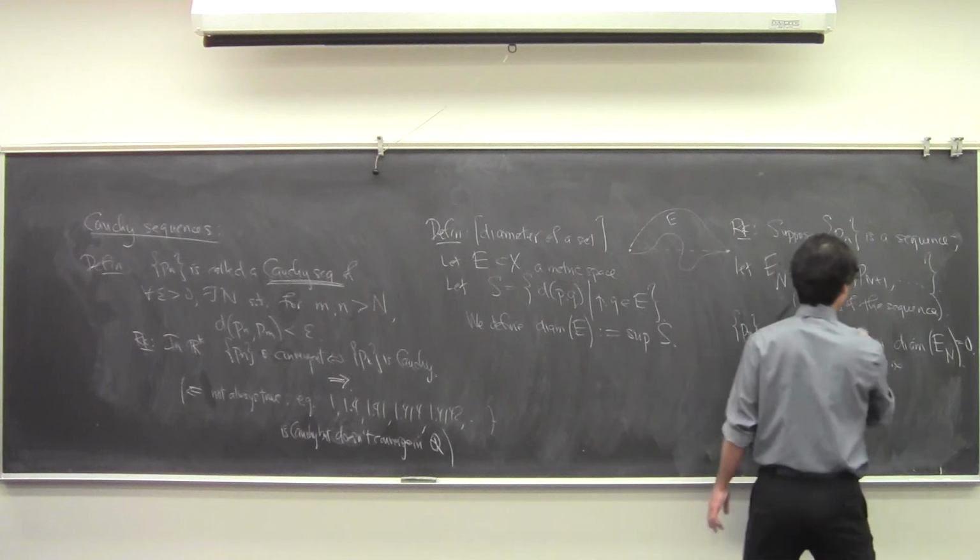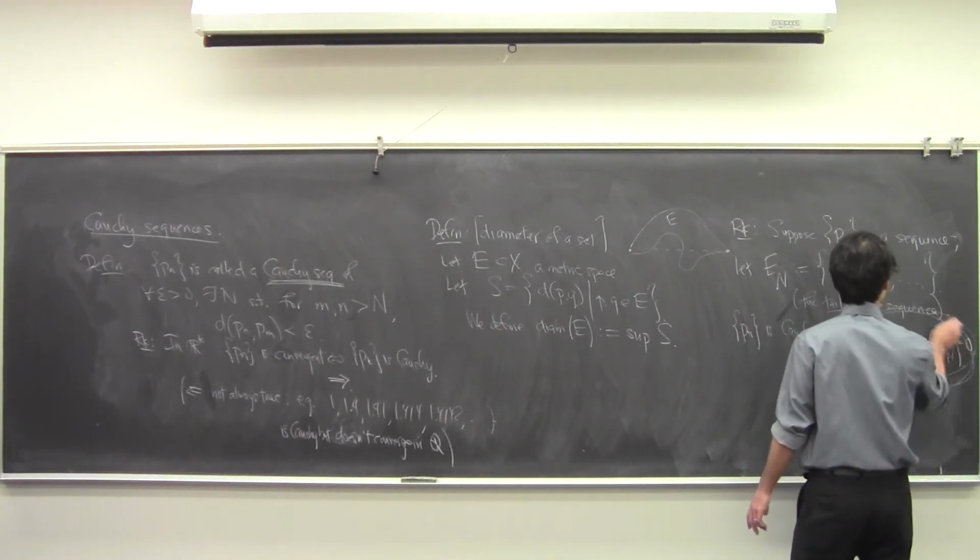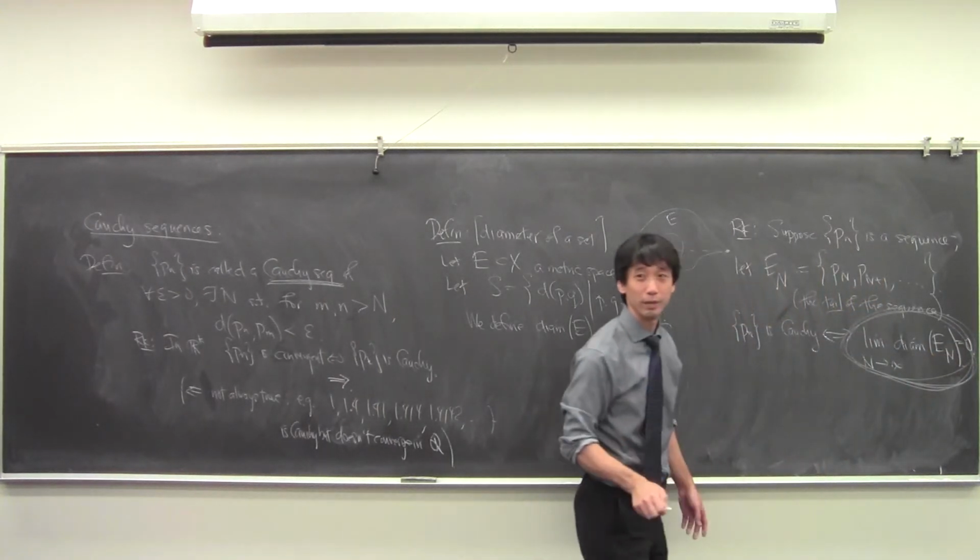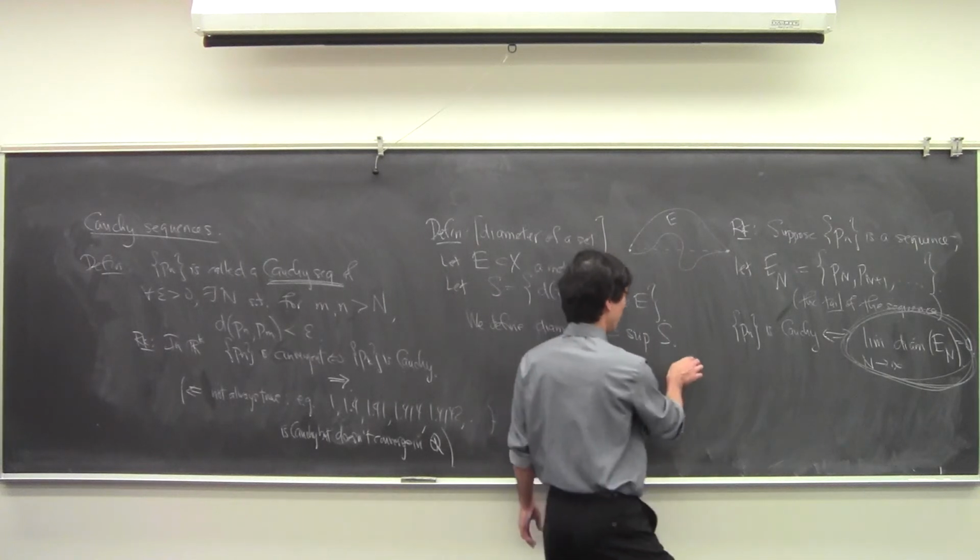Let's look at what this means. The limit of the diameter of the tails is 0.